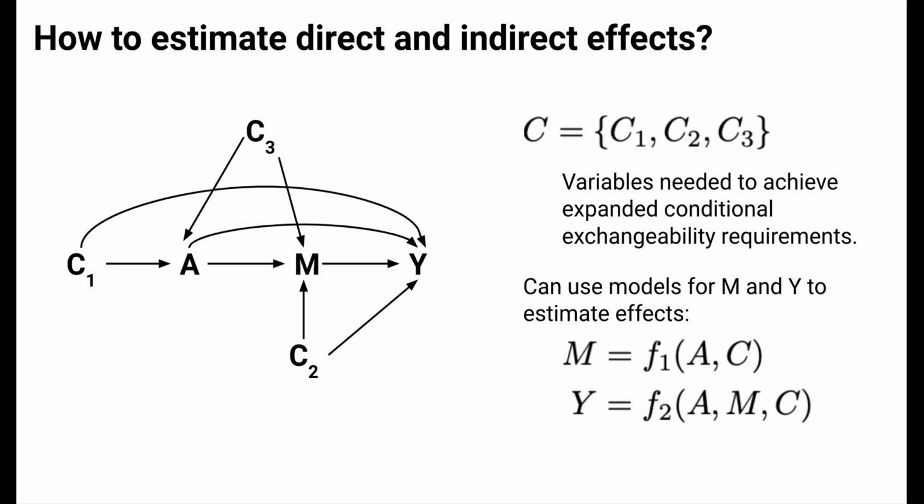In order to estimate direct and indirect effects, we'll see that we can use models for M, the mediator, as a function of treatment and a conditional exchangeability set C, and we can use models for Y as a function of treatment, mediator, and that conditional exchangeability set C. If we assume that we've accounted for all possible types of confounders and non-causal paths as shown in this DAG, then these regression models can help us simulate potential outcomes and thus compare appropriate sets of potential outcomes to estimate these direct and indirect effects.